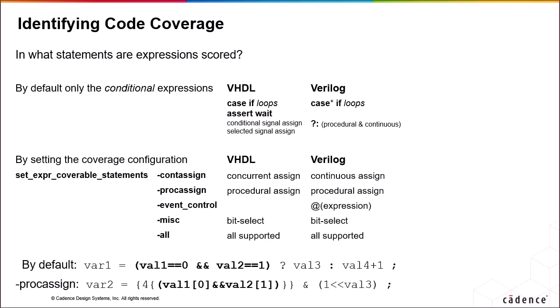It cannot with any option score the shift operation. If you also enable it to score bitwise operators, it scores the bitwise expression, but by default still treats the terms as logical quantities. I will later show you a way to also score the individual bits of a vector.